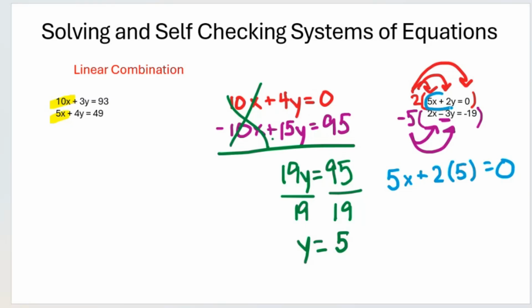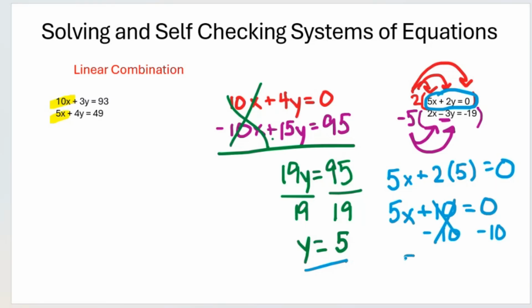I took this equation right here, and where I saw y, I'm now putting that 5 in. 5x plus 10 equals 0. Move that 10 away. 5x equals -10. Divide by my 5, and I get that x equals -2.